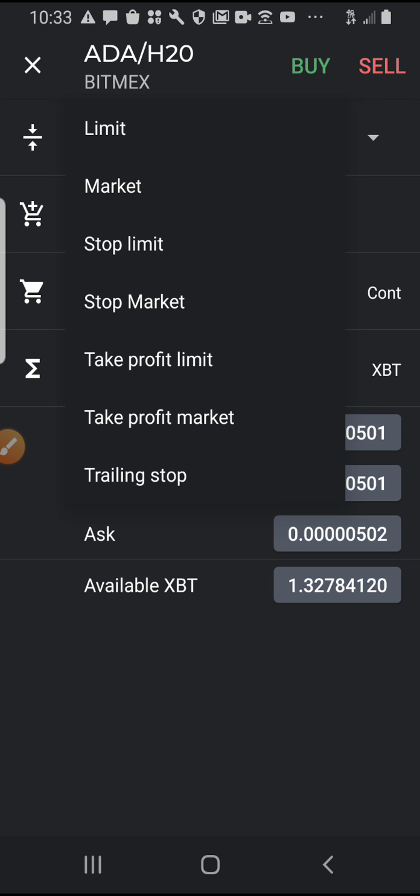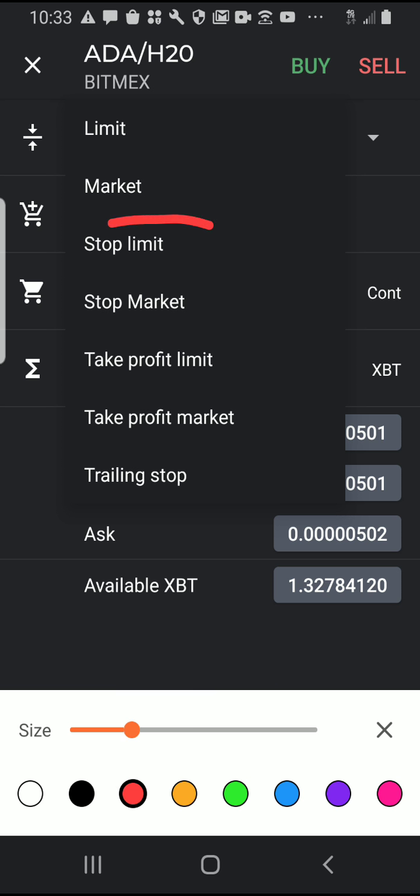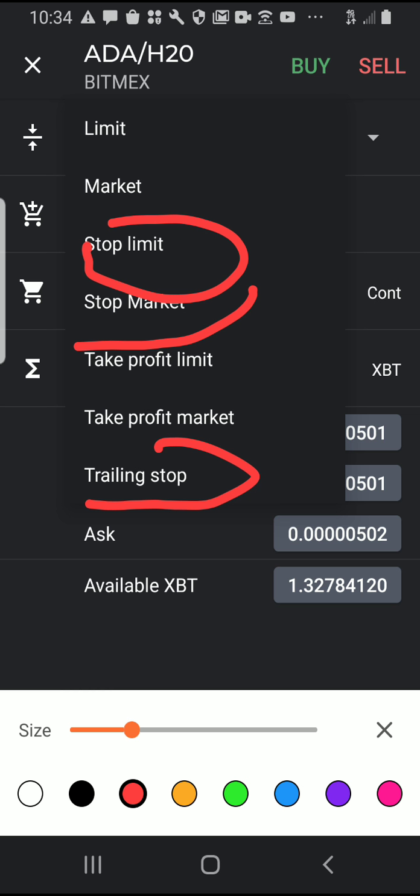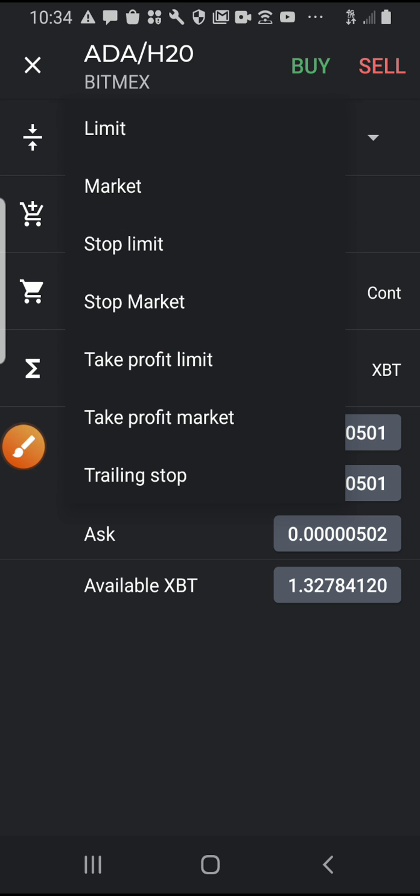We can also choose a stop limit, stop market and trailing stop. We are going to talk about these when we get to the introduction to stop loss and how you can set your stop loss. So for now, this is how you can buy ADA.